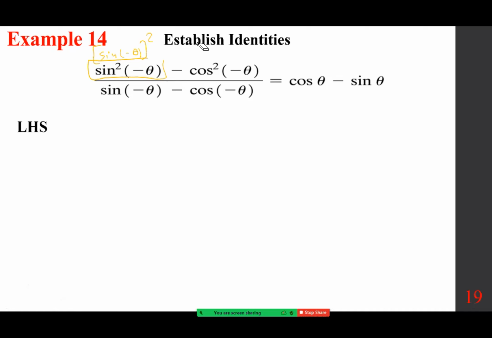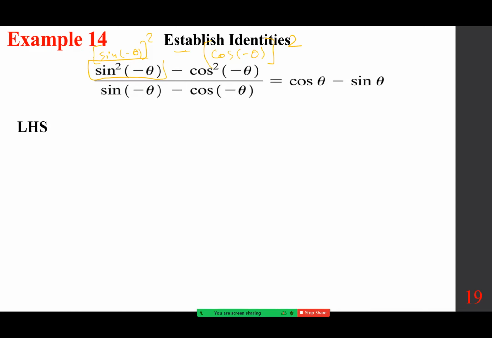So what is sine of negative theta? It's negative sine theta. What does this one mean? Cosine of negative theta to the second power. What is cosine of negative theta? It's cosine of theta.